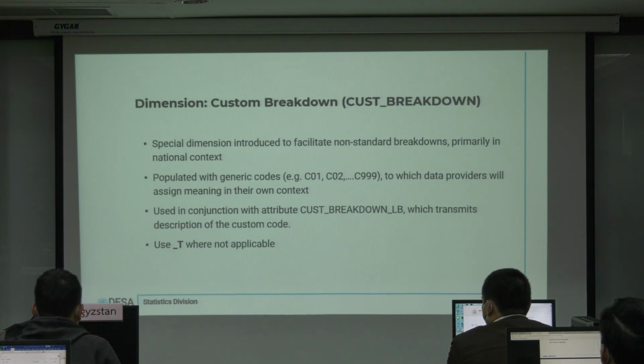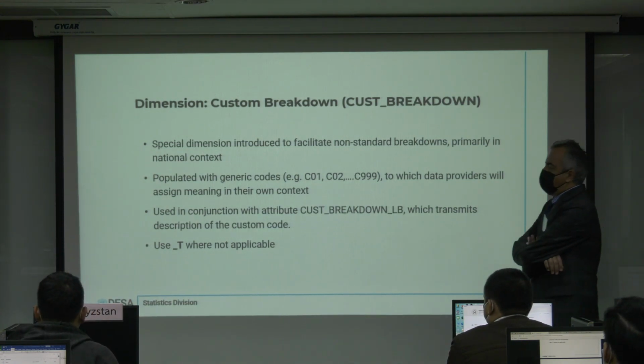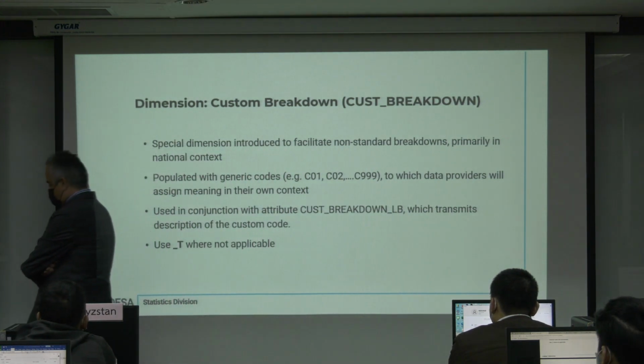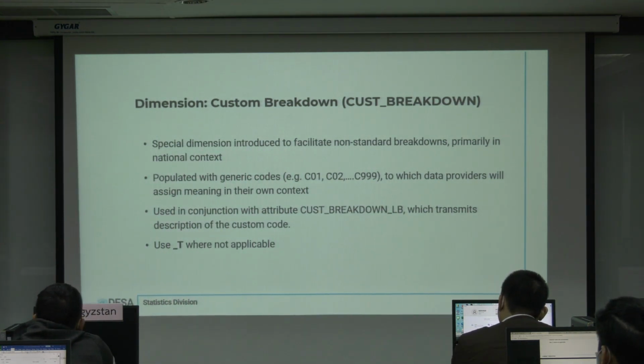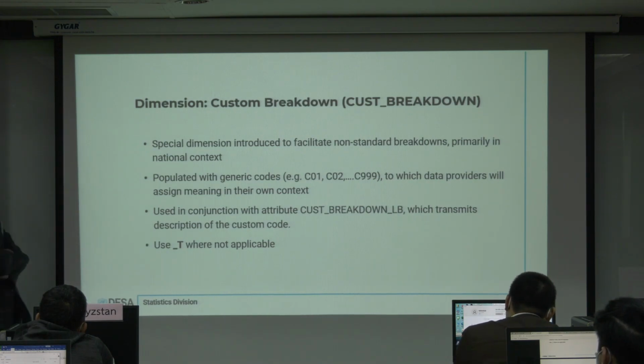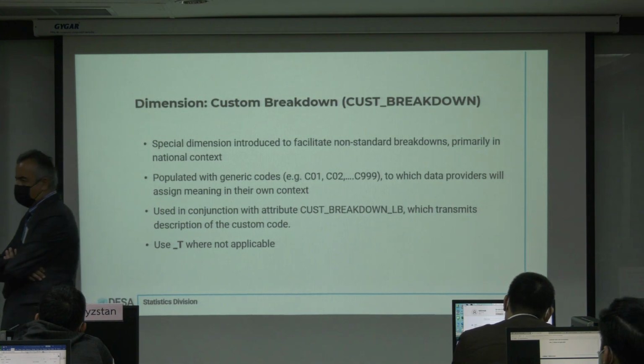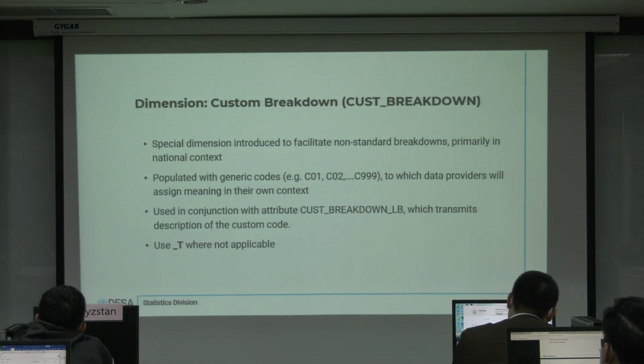Now, this is where it gets tricky. Custom breakdown. Typically, when you have a code list, we have a code and a meaningful label attached to it.